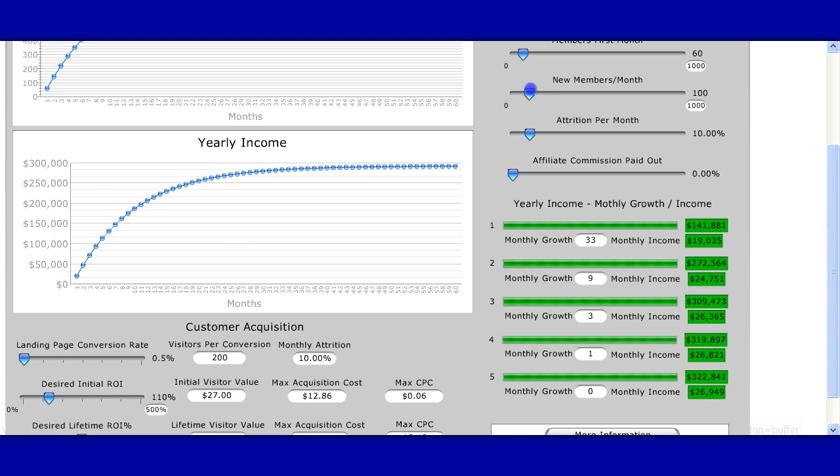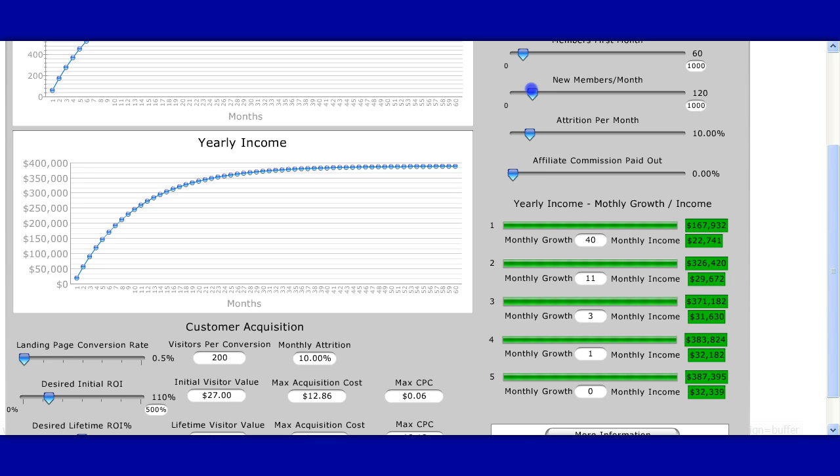So let's say I'm doing 100. Say I'm doing, because I'm using advertising, let's say I do 120 sales, and then I could do my desired ROI, and I could change this. Let's say I only want to make... oops, I was going in the wrong direction. Costs.